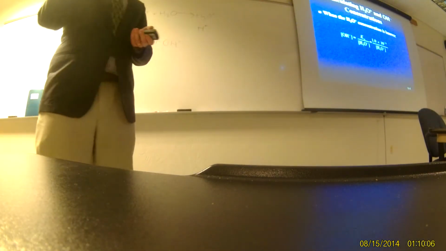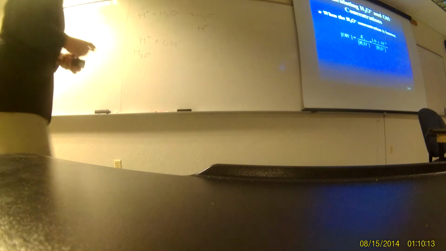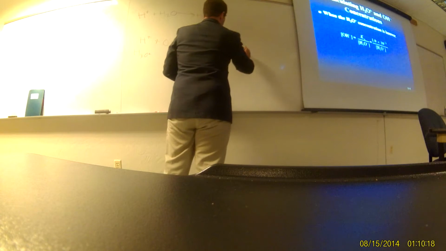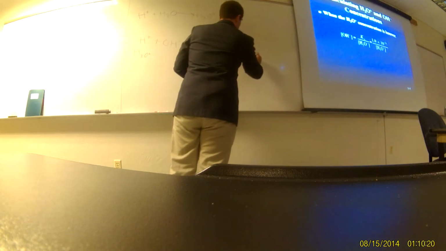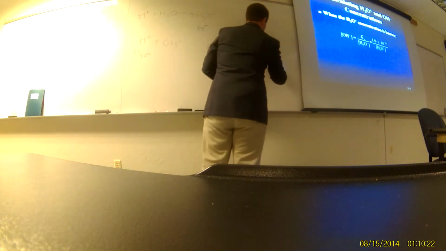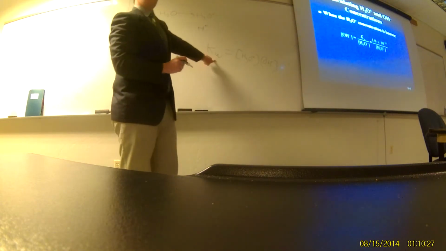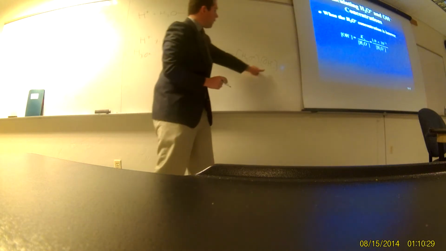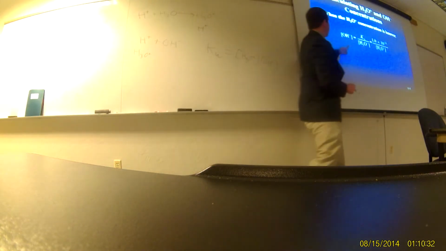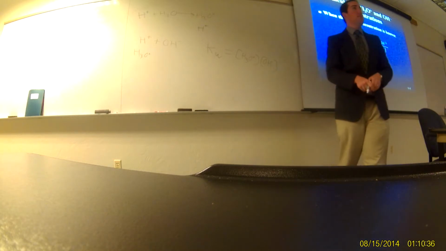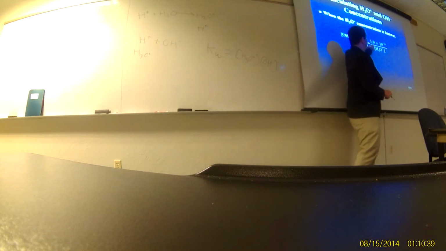So, because it's constant, if we know one of the two, we can easily find the other. Because Kw equals H3O plus times OH minus, we can rearrange that. If we solve for OH minus, it says concentration of hydroxide equals Kw divided by H3O plus. And Kw is a constant.